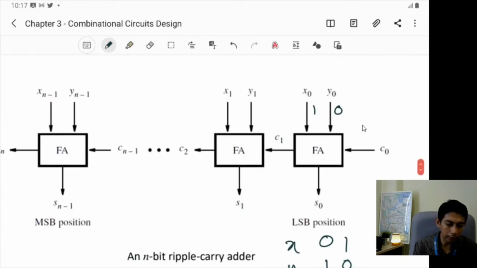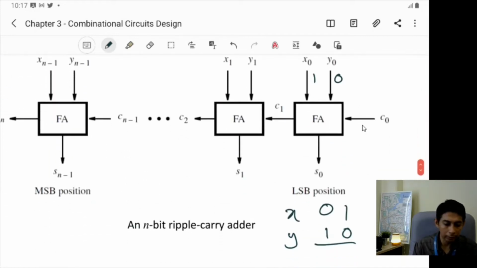So in this case, just like the comparator, we assume that the value is 0, meaning the carry from the previous block should be equal to 0.